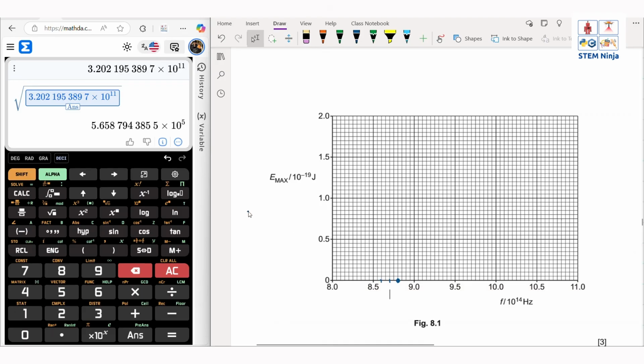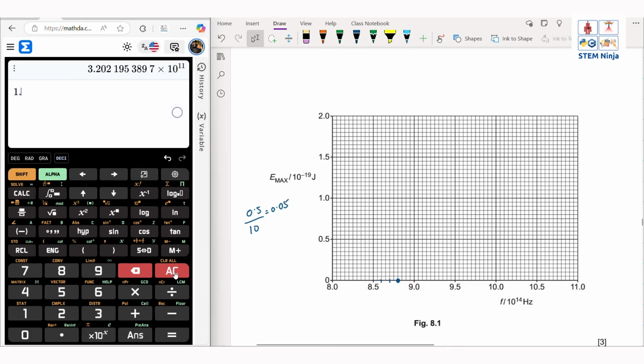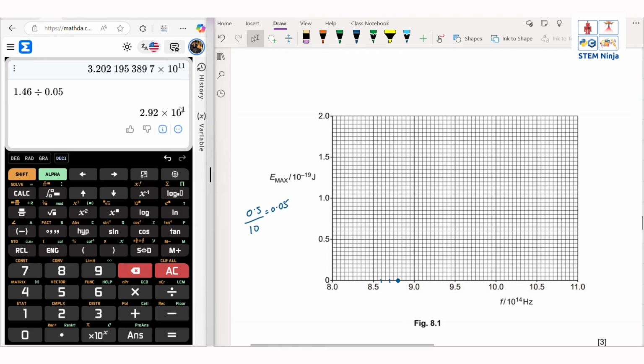So we have 0.5 divided by 10, so that is 0.05. So we need 1.46 divided by 0.05. So that is roughly 29. So 1, 2, 3, and roughly 29 would be this one. So this is the rough point over here.